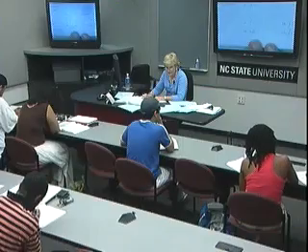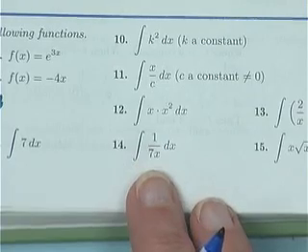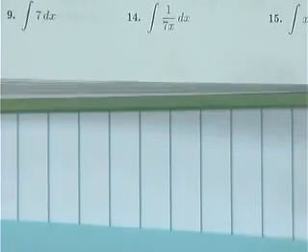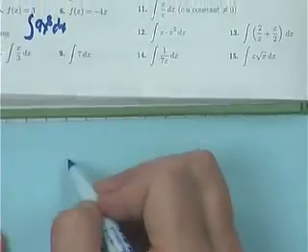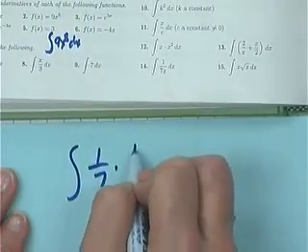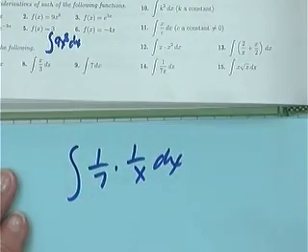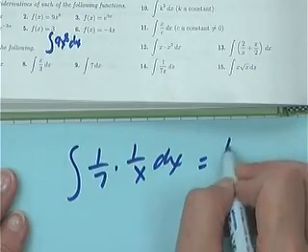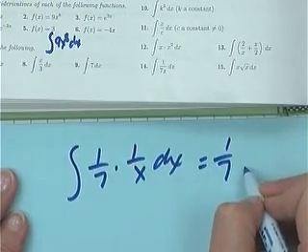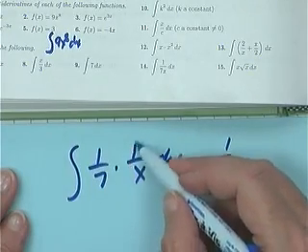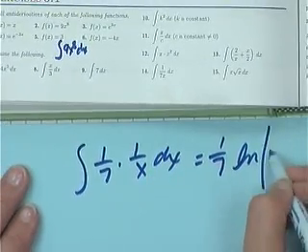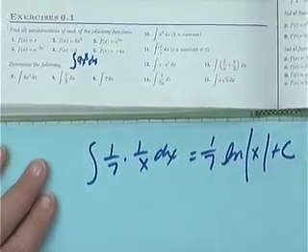Should be easy. How are you going to rewrite that to make it look easy? All right, it's the integral of 1/7 times 1 over x dx, right? And that's just a constant. So it's 1/7 what? What do you take the derivative of that gives you 1 over x? Natural log of the absolute value of x. Yes. All right, so that wasn't so bad.